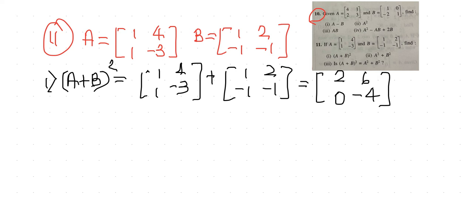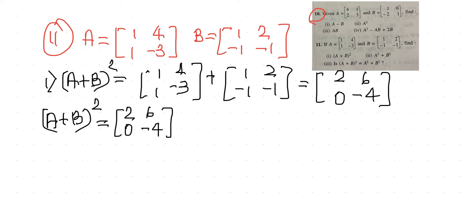So this is what you are getting, A plus B, and now you have to calculate A plus B the whole square. So how much is this equal to? Because you have to calculate whole square as well. So this is [2 0; 6 -4], and this is being multiplied by [2 0; 6 -4].